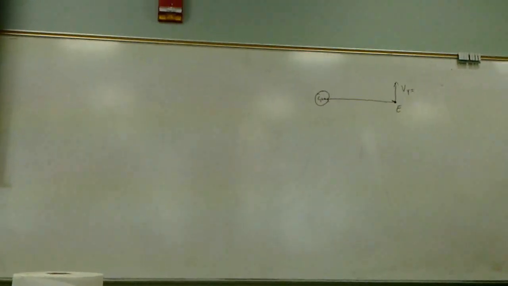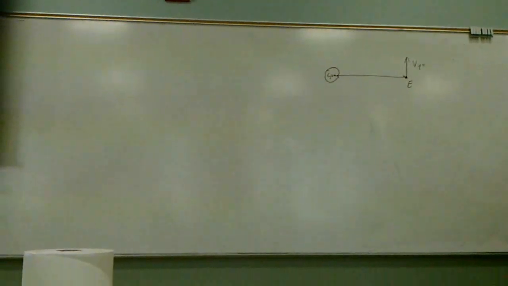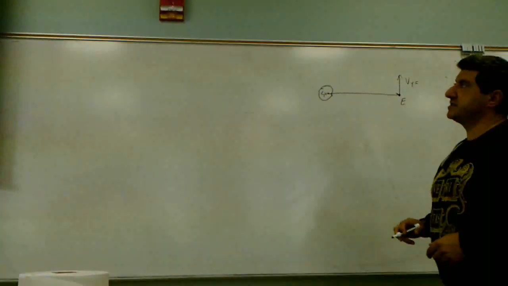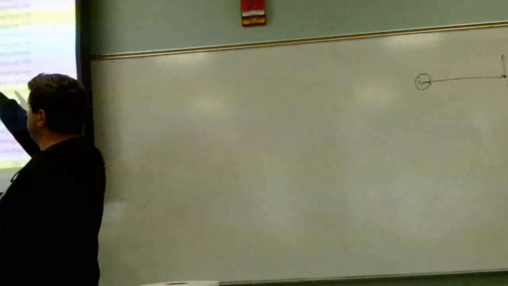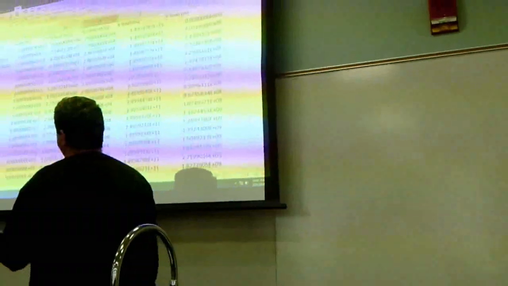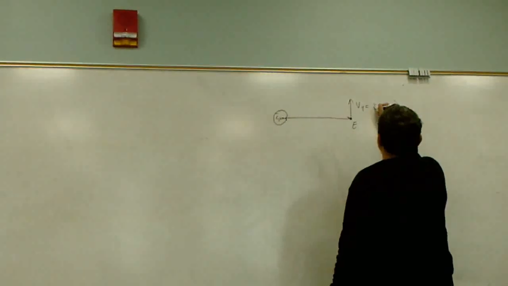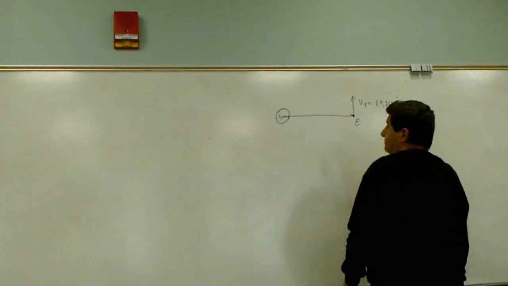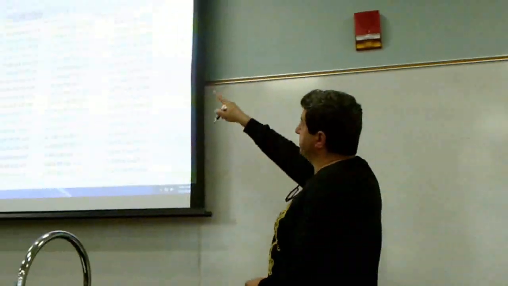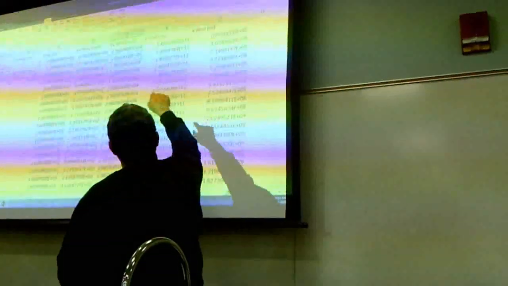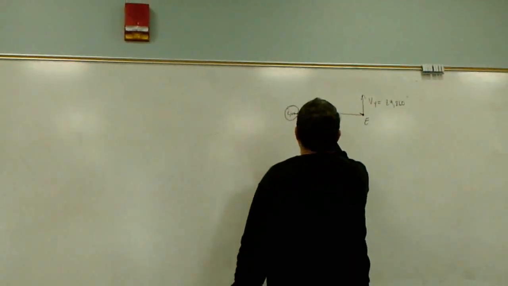So if I make the Vy 29,860 and enter, basically what I did is I made the initial velocity the same as what we know to be the orbital velocity. So 29,860.